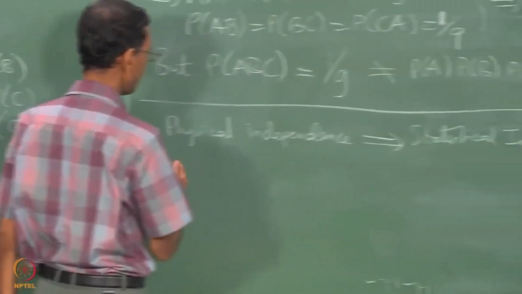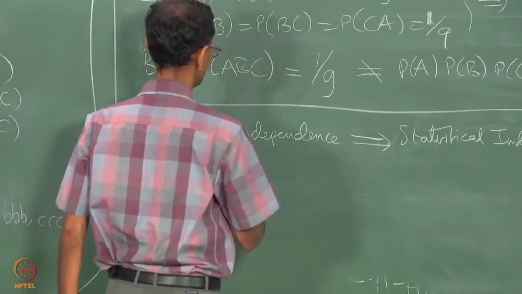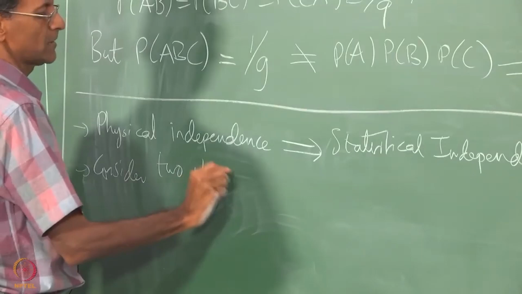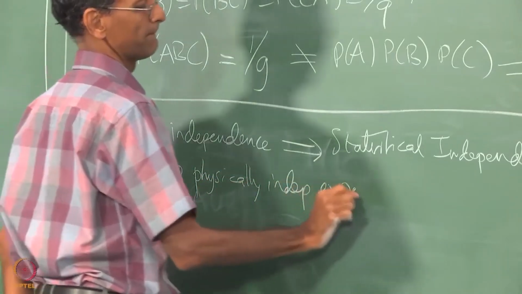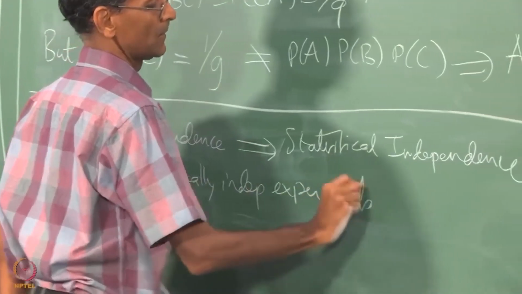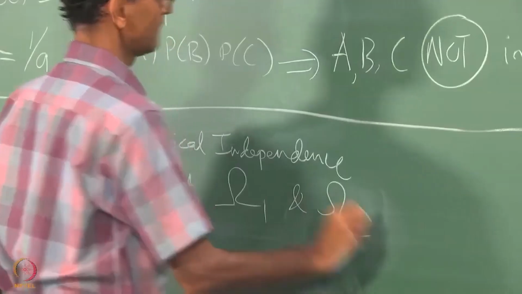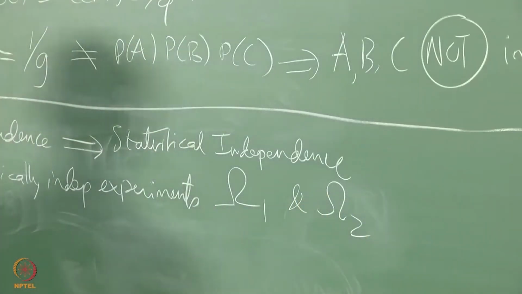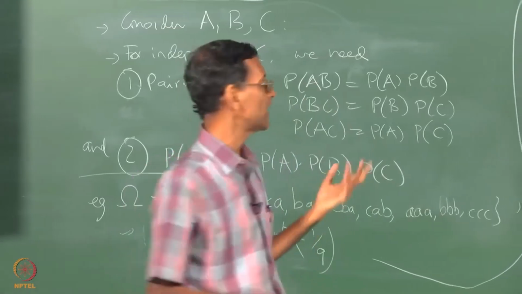So supposing I have two physically independent experiments, omega 1 and omega 2. Again we are assuming that they are random experiments with some sample spaces, so you have capital omega 1 for the first one and capital omega 2 for the second one.